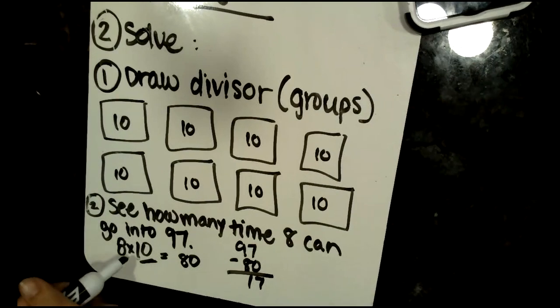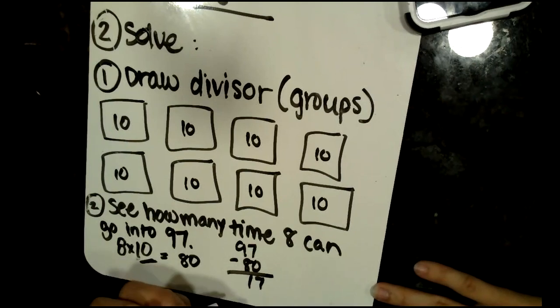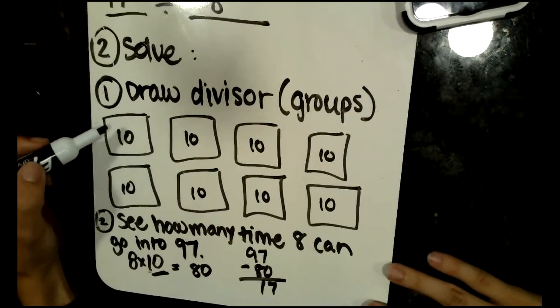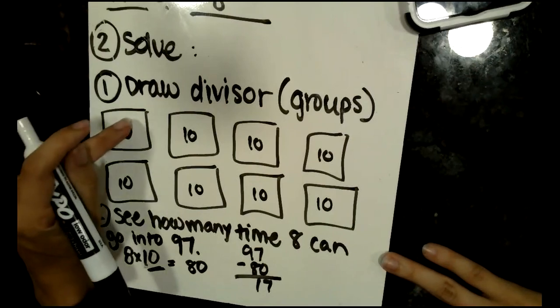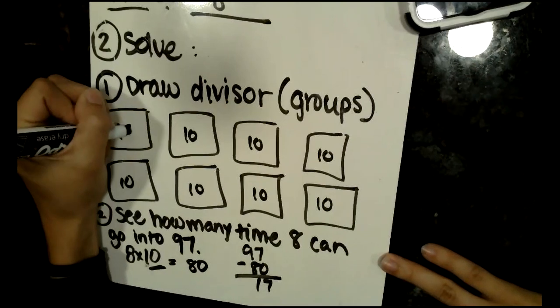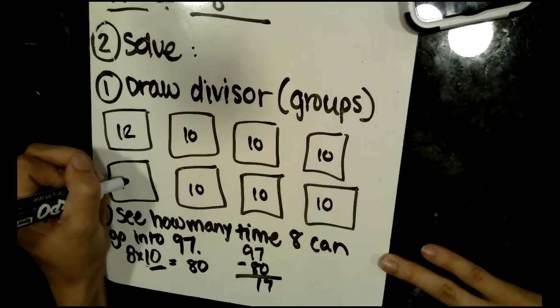Well, how many times can 8 go into 17? I know that 8 times 2 is 16. So I'm going to give each group another 2 cups.